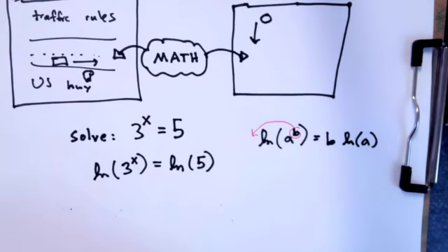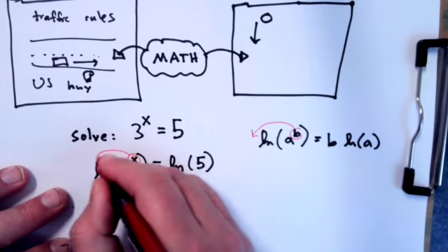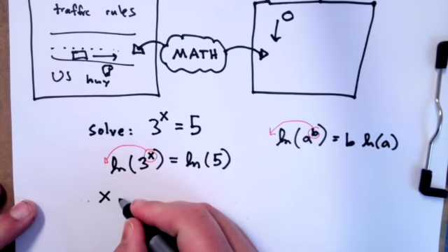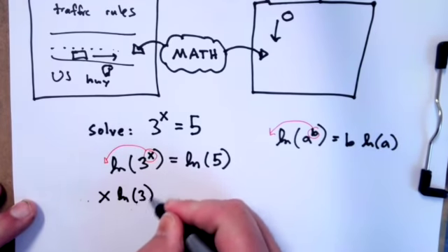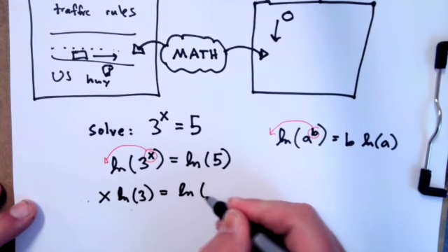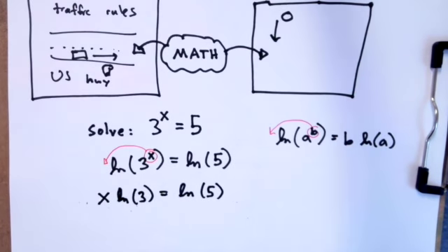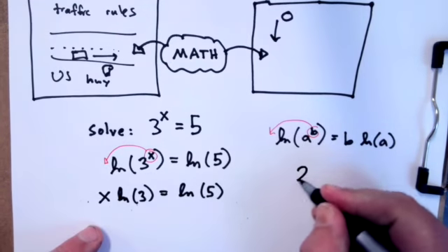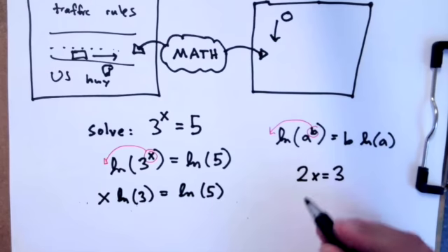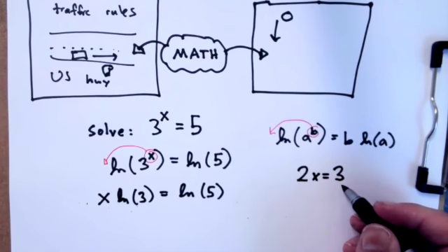Do that in this problem we're looking at. We bring down this x times natural log of 3 is equal to natural log of 5. And now notice something with me, which is, this is the same pattern as if I just had 2x equals 3. It's something times x equal to a number.